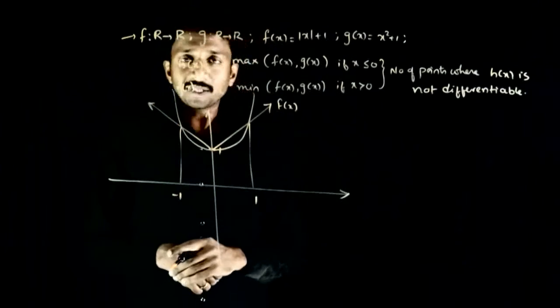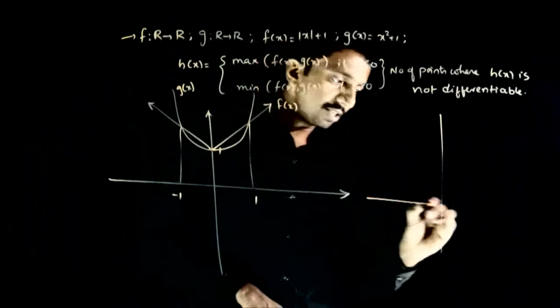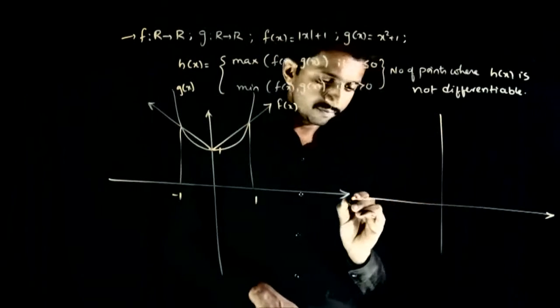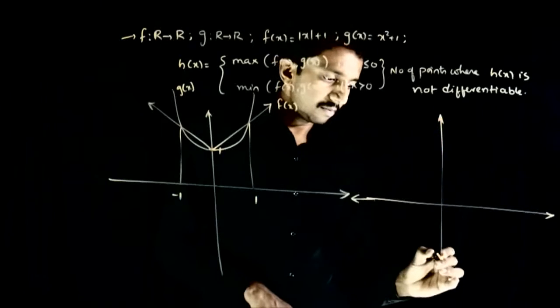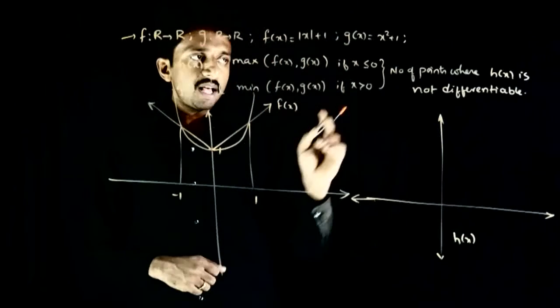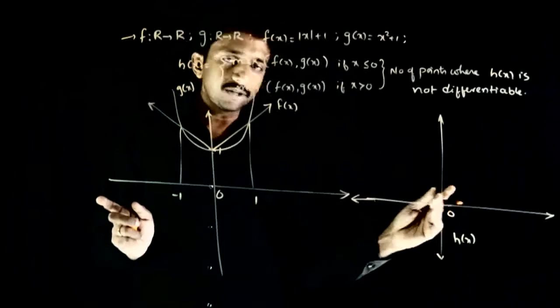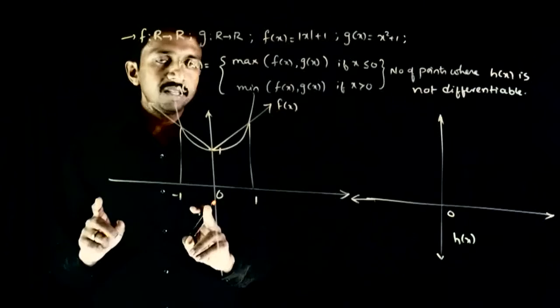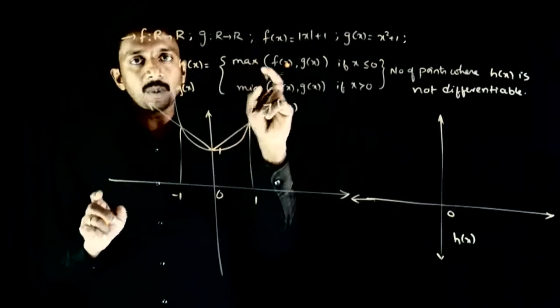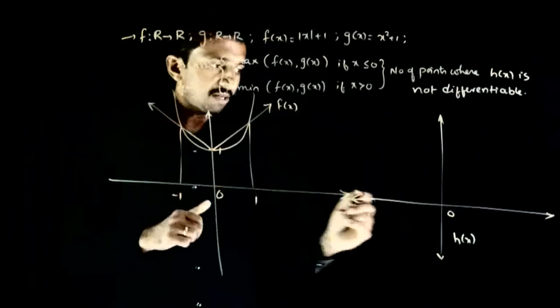So अब मुझे h of x का ग्राफ चाहिए तो if I want to draw the graph of h of x, so what is the definition of h of x? अगर x less than 0 है तो if x is less than 0, that is on the negative side of x axis, the value of the function is maximum of f of x and g of x. ये दोनों में जो maximum है that is the function.